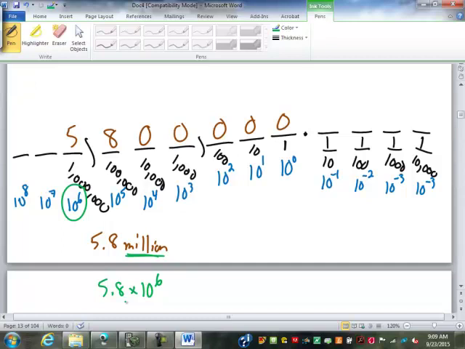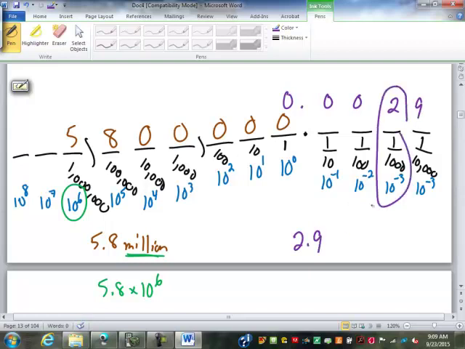This, of course, is scientific notation. We can do the same on the other side. We have 0.0029. That can be written as 2.9, and the 2 is in the 10 to the negative 3 place value. So times 10 to the negative 3.